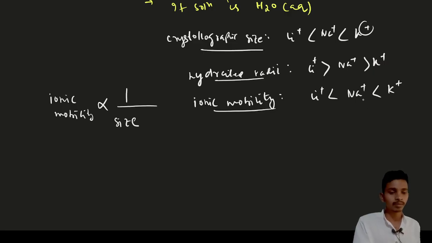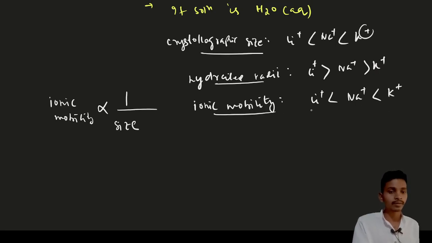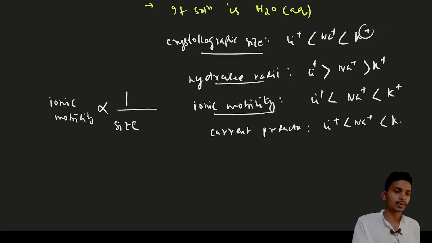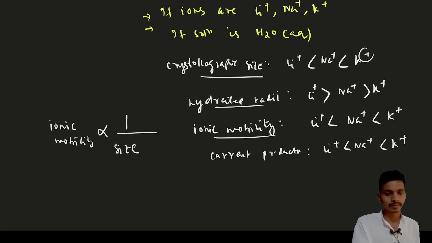If the ionic mobility is high, then it will be able to produce high current. So current production is higher in the same way.